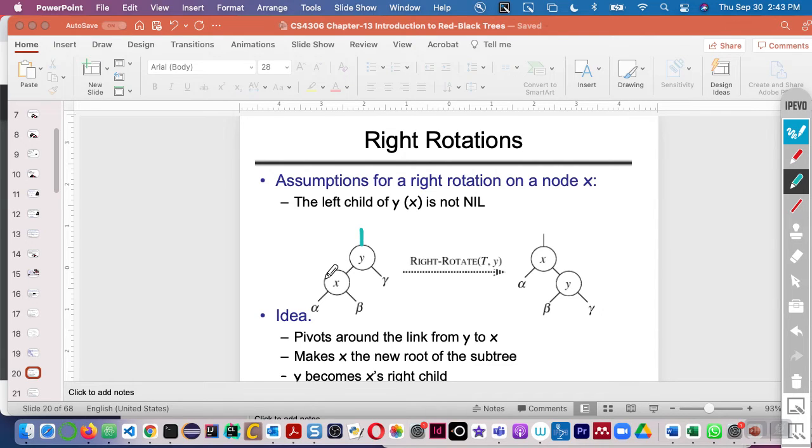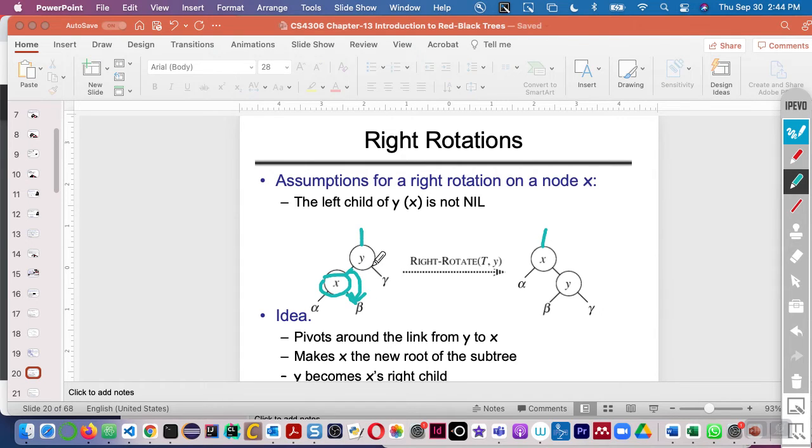So here, if we want to hang on this, what will happen? This beta and these two will be merged, right? How will it be merged?